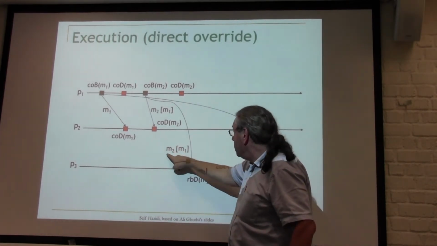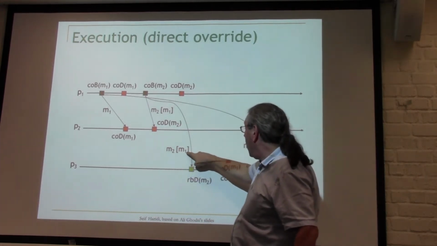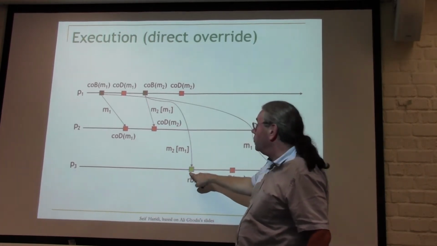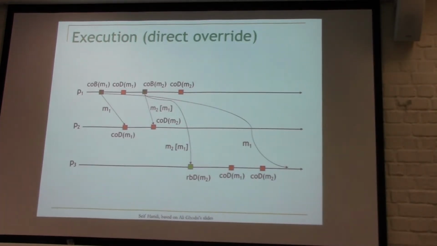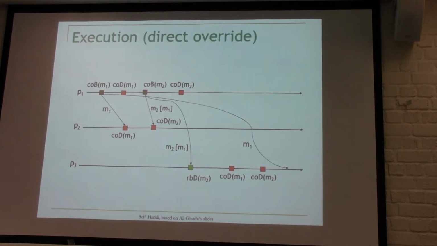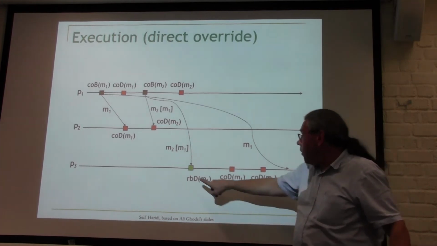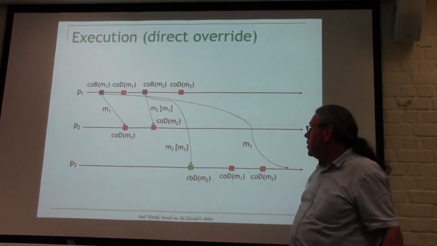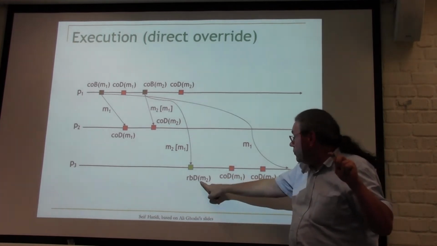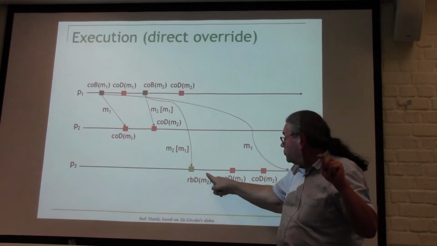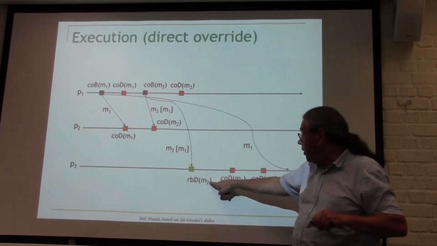So M2 arrives here with M1 piggybacked, and this RB delivers. That's the green one. It RB delivers, but it has not CO delivered yet. So I make a difference between RB deliver and CO deliver. I RB deliver M2, but now I have to be very careful, because all the messages that are preceding M2, I have to deliver them before M2.